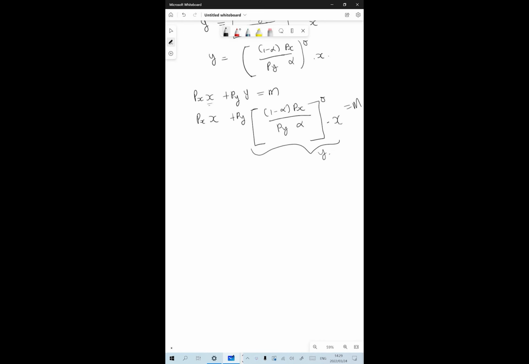Okay, so we've got that, and now we just want to get x on one side. X is common, so you can get it on one side.